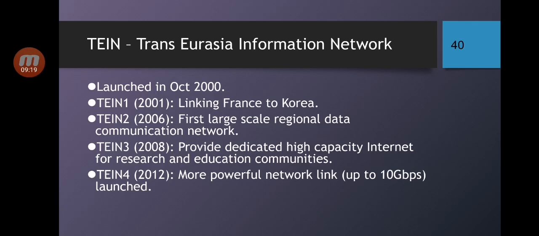First large-scale regional data communication network. It provides dedicated high-capacity internet for research and education communities. And later more powerful networks link up to 10 gigabits per second. So you have series of TEIN 1, 2, 3, and 4.